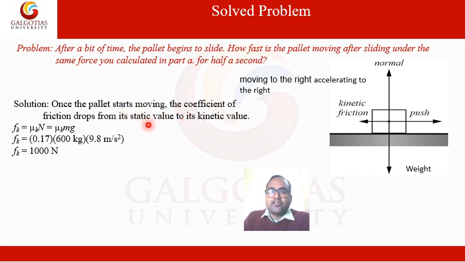The question is the same, but the value of the coefficient of static friction is converted to the kinetic value. In this we just change to the coefficient of kinetic friction. The coefficient of kinetic friction is given as 0.17 and we calculate the force. The force of friction in this case is 1000 Newton.